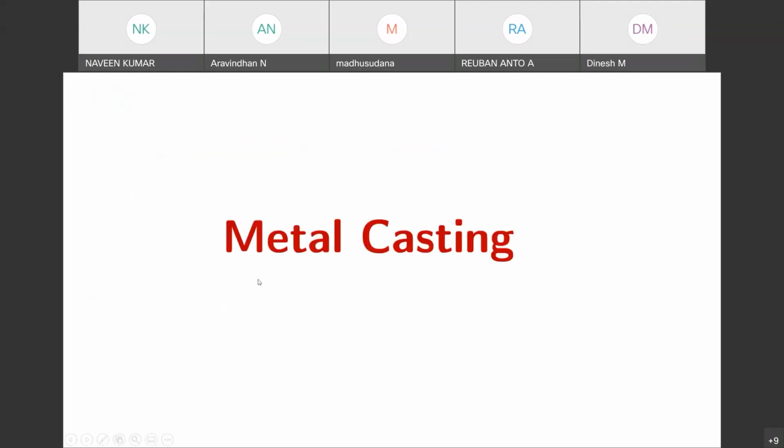So let's happily jump into metal casting. You would have already seen metal casting in so many places.